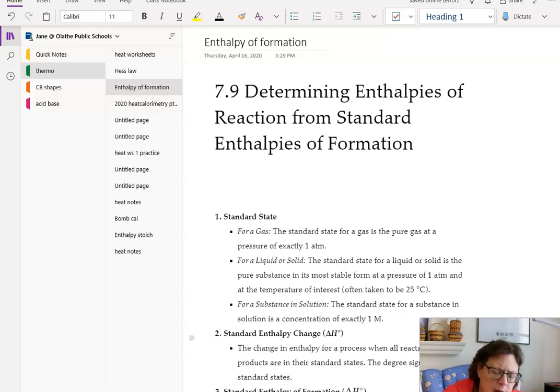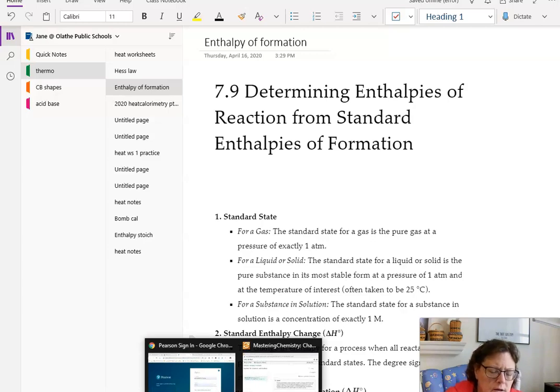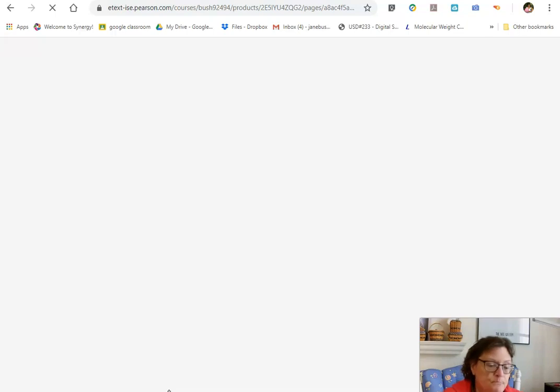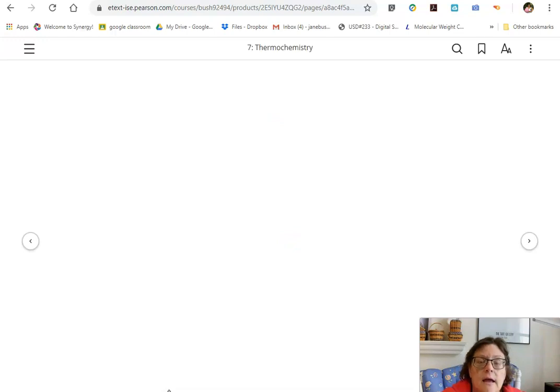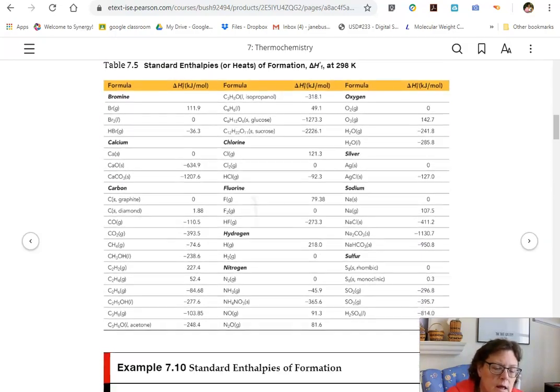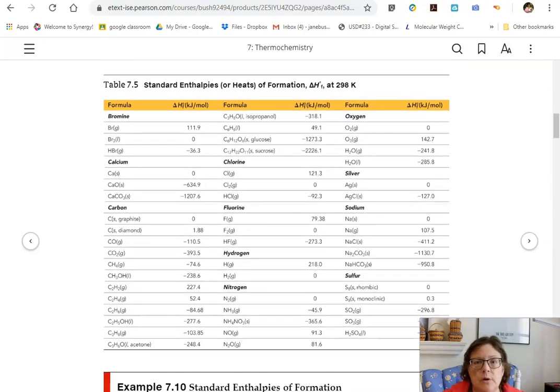All right. If you look in your textbook, in the online textbook, or if you Google online, you can find a heat of formation table. In the textbook, it looks like this, table 7.5.